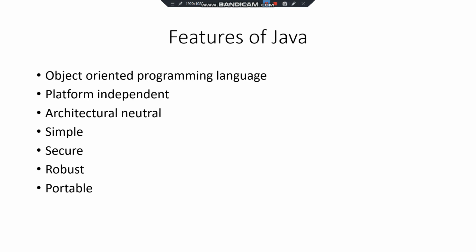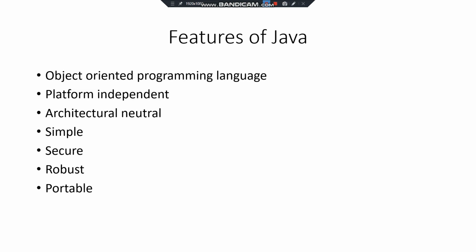It is similar to the platform independent. The bytecode can be transferred to any type of processor irrespective of the architecture being used. The next feature is that it is simple. Once we learn the basic concepts of object oriented programming, it is a very simple language which can be easily used by everyone.